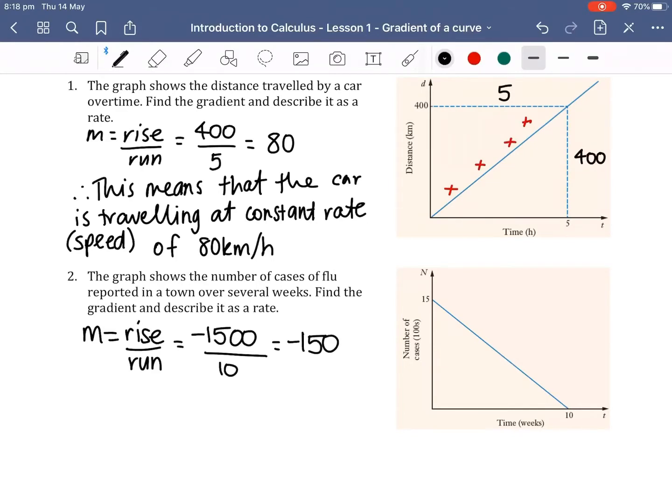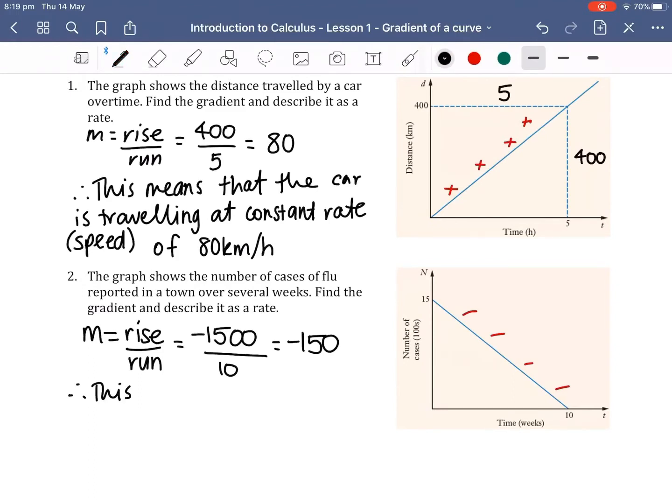So it equals negative 150. If you weren't sure, we can look at our graph and know that it's going in a negative direction, as going from left to right, it is decreasing. So the rise is a drop, so it's negative. And then we just need to write a concluding statement.